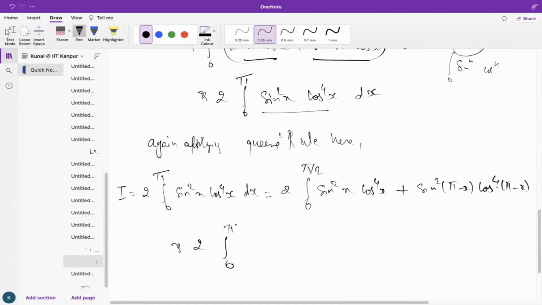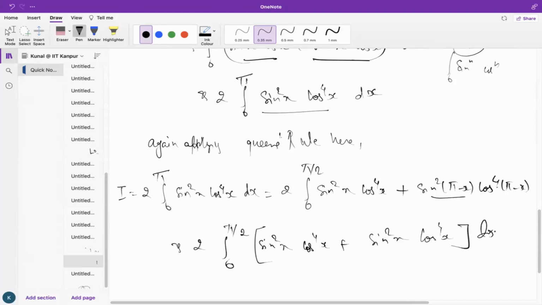So from 0 to pi by 2, sine square x cos to the power 4x plus this value, which is the same, sine square x and cos to the power 4x. Cos of pi minus x is negative, but here the power is even, so it can be converted and written in the same way.